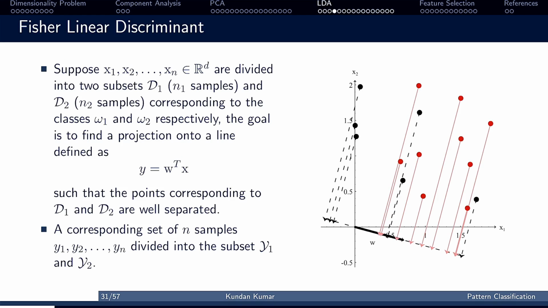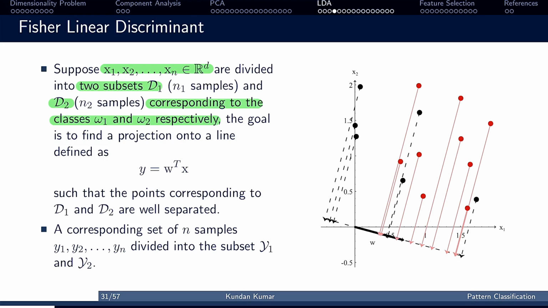Now let us suppose we have n data samples in a d dimensional feature space, and these data samples are divided into two subsets D1 and D2 corresponding to the classes omega 1 and omega 2 respectively, where n1 is the number of samples in subset D1 and n2 is the number of samples in subset D2.